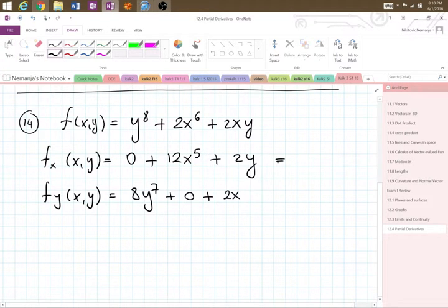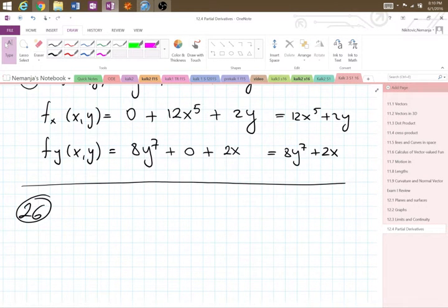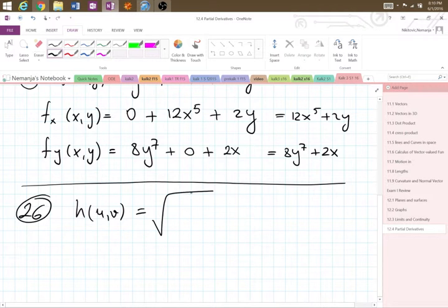So problem 26. H of uv is equal to the square root of uv divided by u minus v.